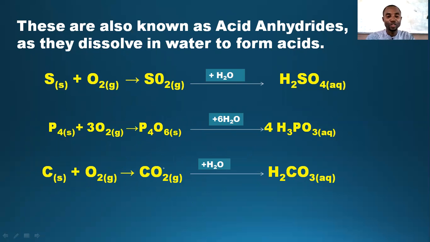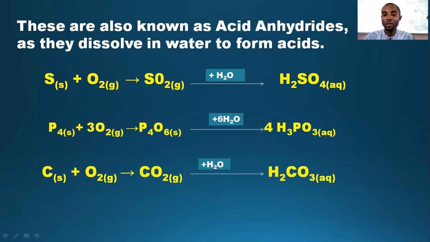We have it here. So with that, you see that we have several acids that they can form. You can see it can form tetraoxosulfate 6 acid. This one can also form trioxophosphate 4 acid.